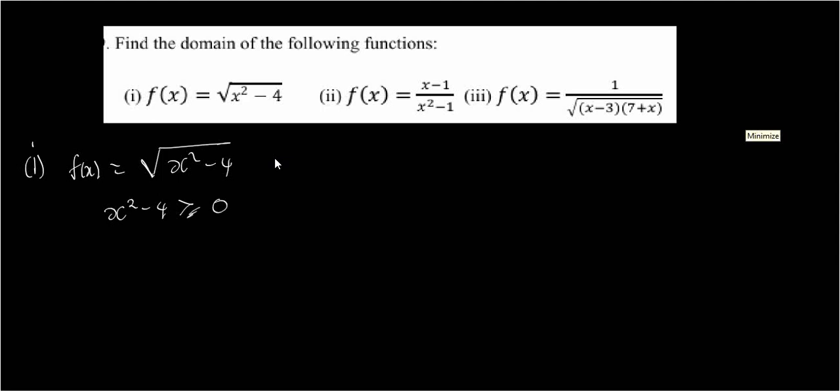When you have a square root like that, we put it's greater than or equal to 0. That's what we put most of the time.